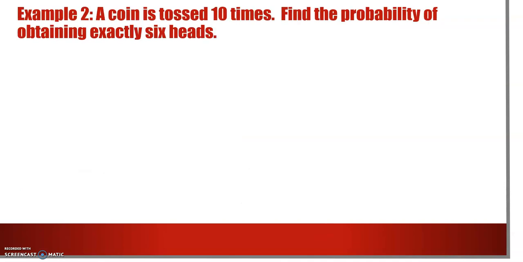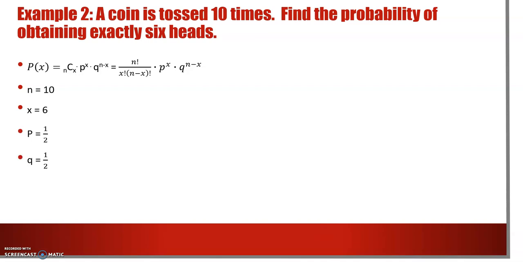Example 2, a coin is tossed 10 times. Find the probability of obtaining exactly 6 heads. There's our formula. N equals 10, X equals 6. We're flipping a coin, so P equals 1/2, Q equals 1/2, and we substitute into our formula.